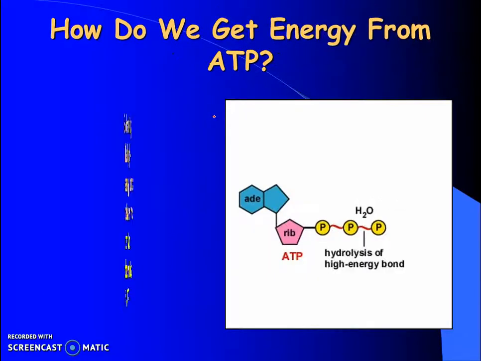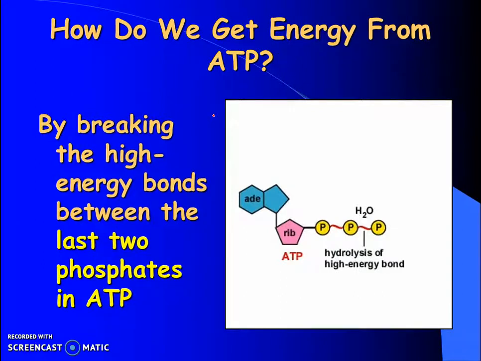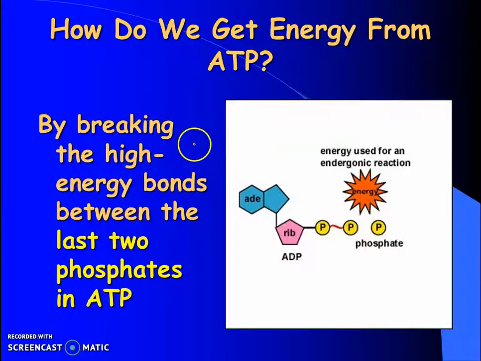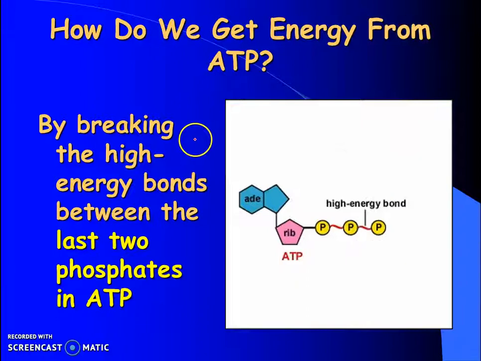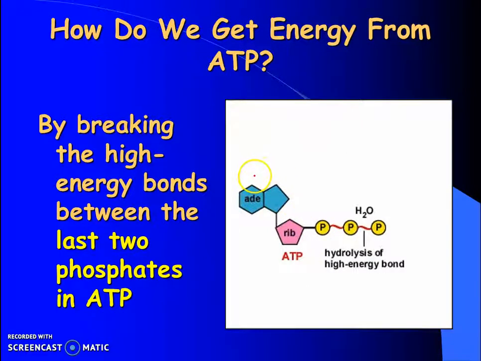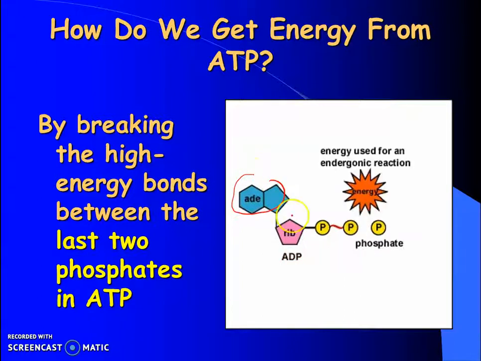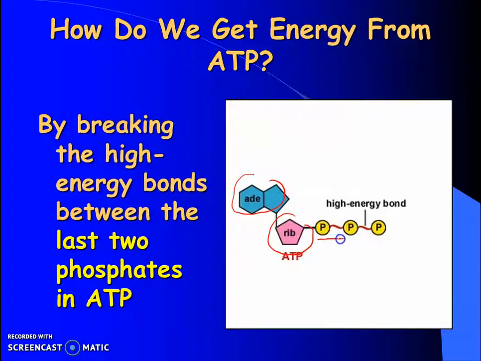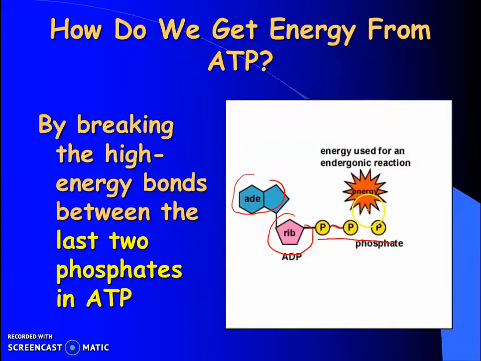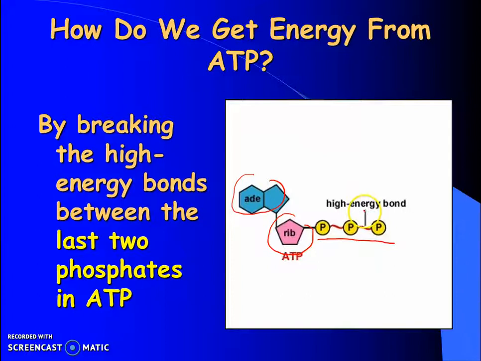So how do we get energy from ATP? By breaking the high energy bond between the last two phosphates in ATP. If you remember, this is adenine, this is ribose sugar, and these are three phosphates. Whenever you require energy, one of the phosphate bonds breaks off and the energy is released.